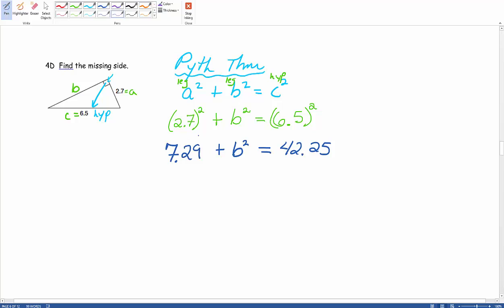Now, this 7.29 has nothing to do with b. Our end game here is to solve for b and get b by himself equals some value. Then that would be finding that missing side that we're hoping to accomplish. So as a result, this 7.29, again, has nothing to do with b, so we can go ahead and subtract him over from both sides.